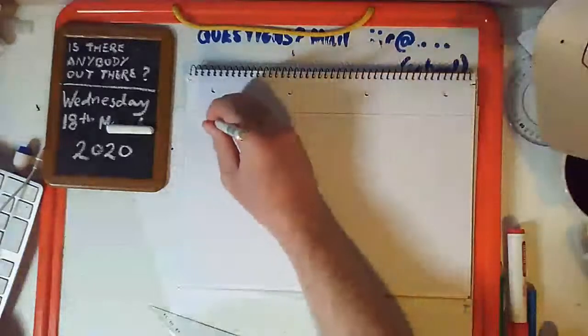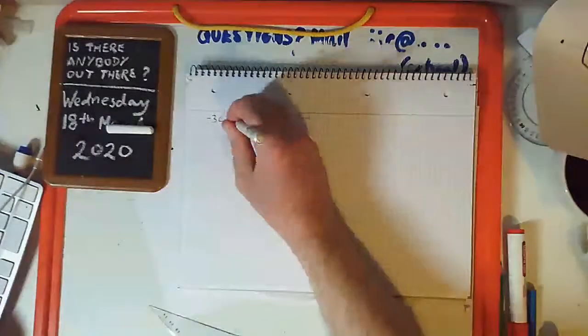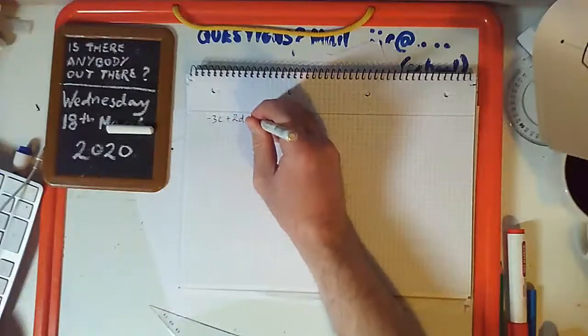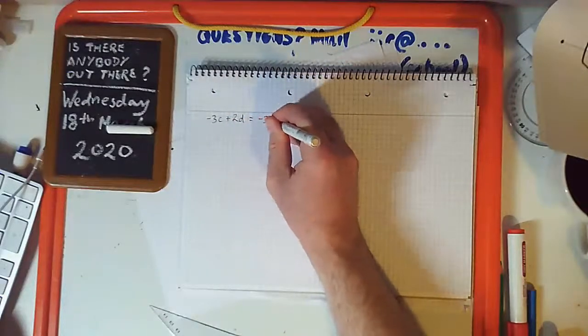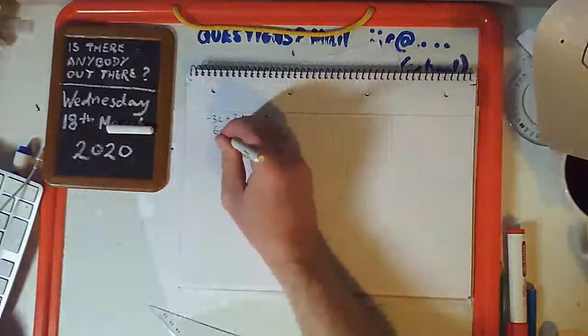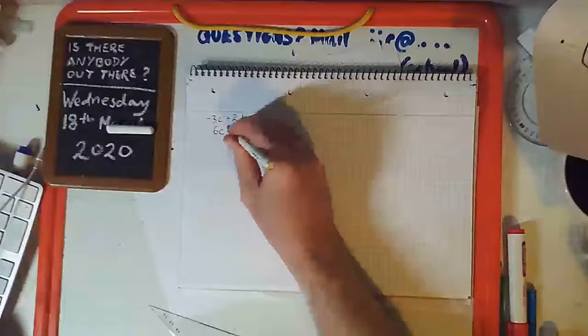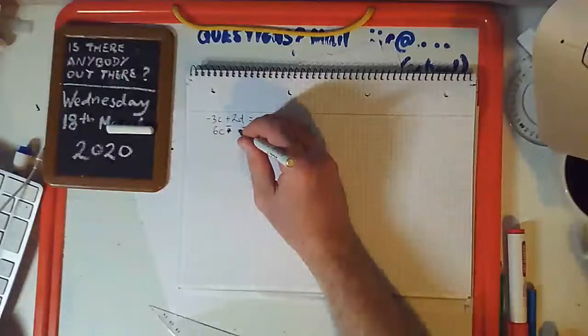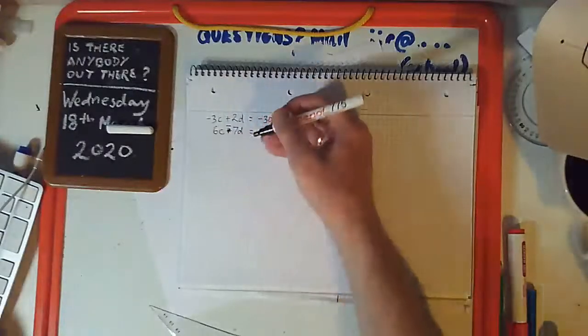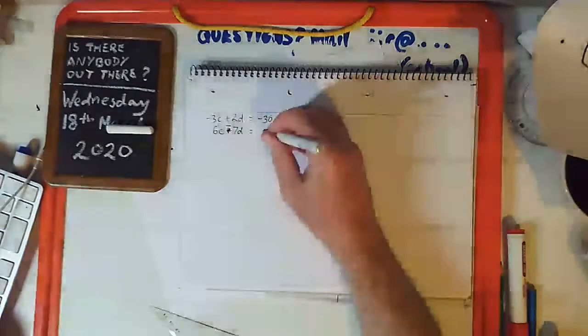Okay, so minus 3C plus 2D equals minus 30. And 6C minus 7D equals 78.